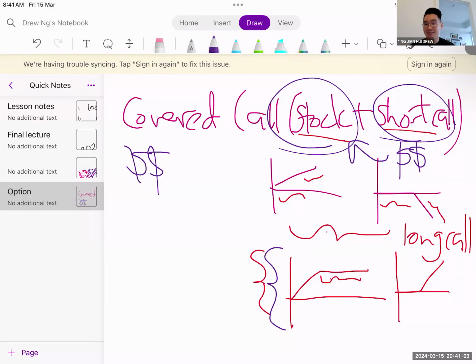So if you want to do a covered call position, you don't want to fork out money, you take a leverage by shorting a call to buy a stock, you limit your gains. You are not putting cash up front to buy a stock, which is unlimited gains. Remember, if you buy a stock, it's unlimited gains here. Okay, so this is one additional thing I want to talk about.